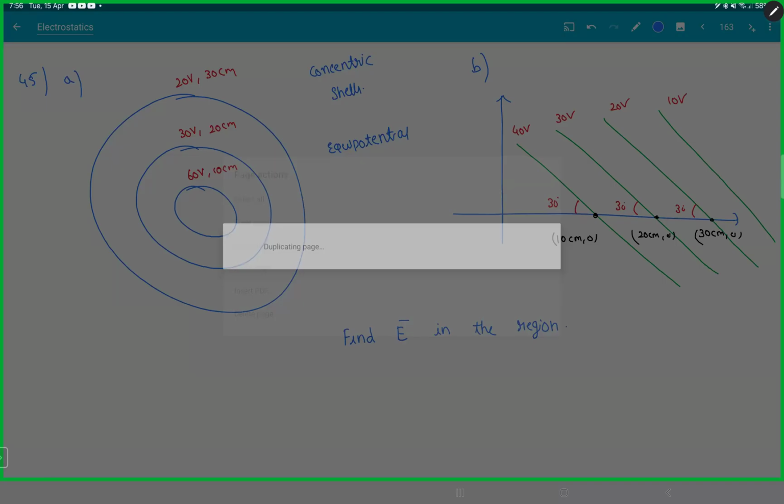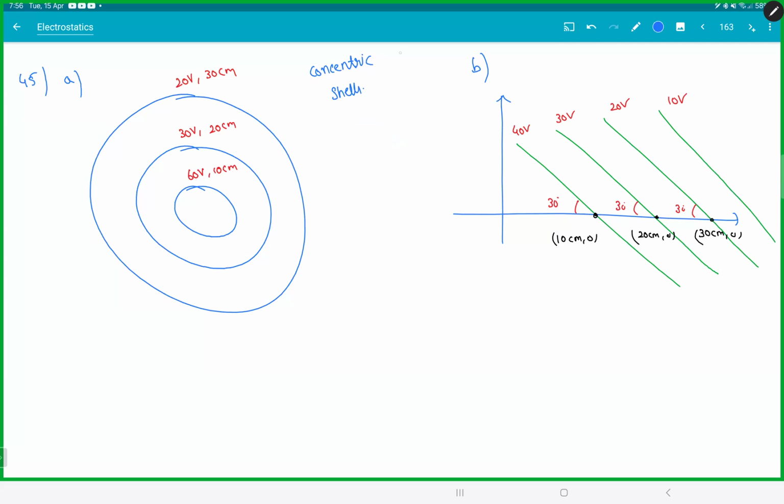Meaning there are two ways you can guess this. See, first of all, these kind of potentials can be created by what? A point charge or a shell or a solid sphere, isn't it? इतना तो guess कर सकते हो. So if you notice here, you will observe V into R is how much? 60 into 0.1 is 6, isn't it? Check karo, 30 into 0.2 is 6, 20 into 0.3 is 6.